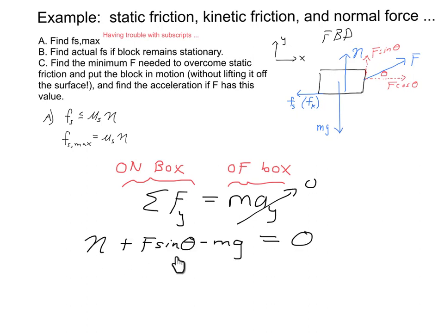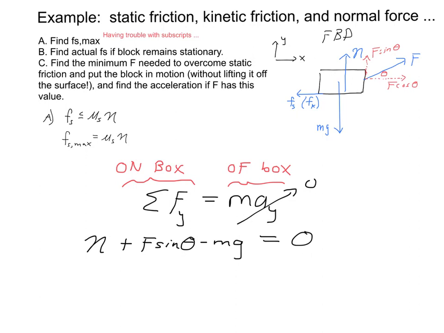Here we have all the vertical components of the forces: the normal force, totally vertical, F sine theta right here, and mg here. I chose up as my positive y direction, so mg has to have a minus sign in front of it. On the right hand side, m times 0 is 0.